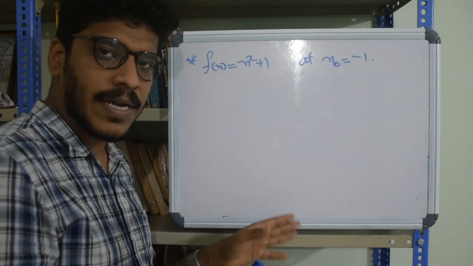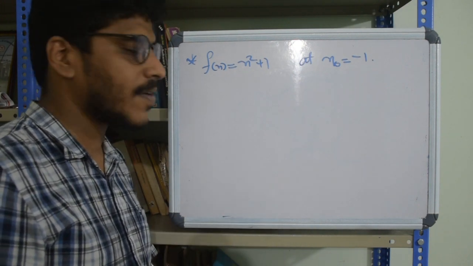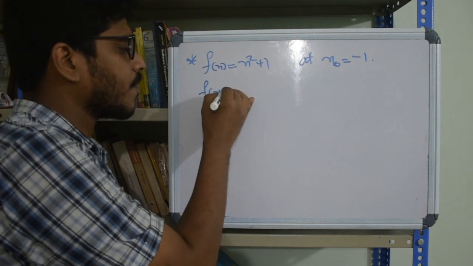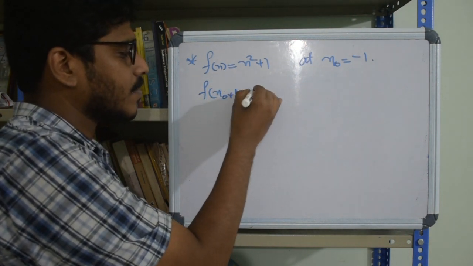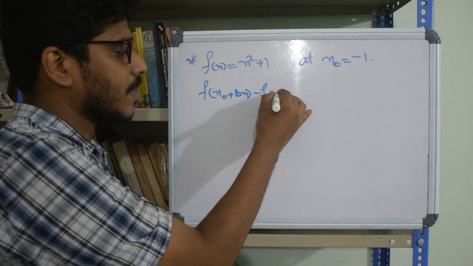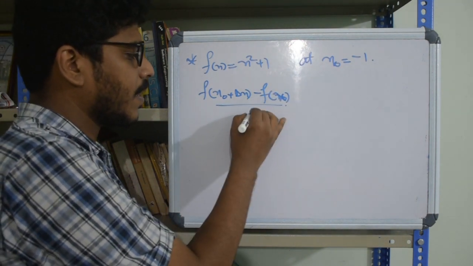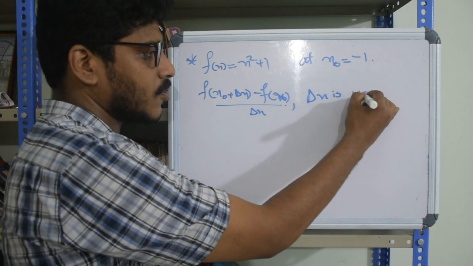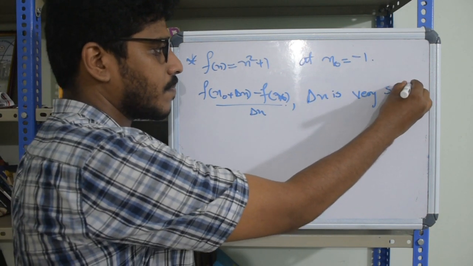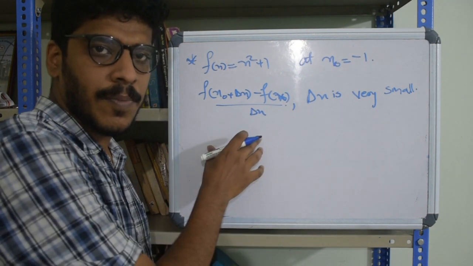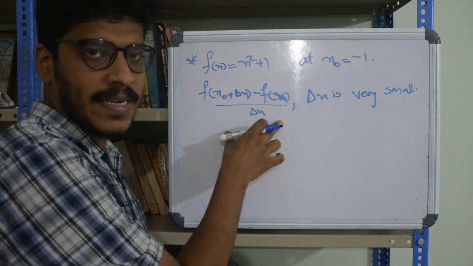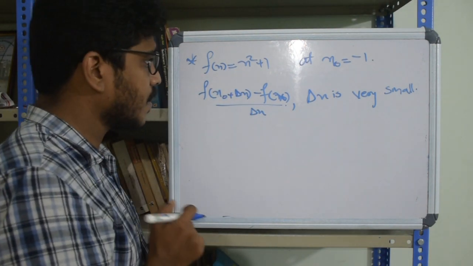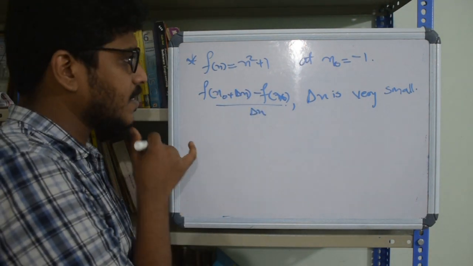So we are not going to draw the graph, the secant line or the tangent line, but we will just use the formula. So remember the formula is f of x0 plus delta x minus f of x0 divided by delta x, where delta x is assumed to be very small. Right. This was the proposed formula to find the slope of the tangent to the graph of the function f at x0. Right. So let's evaluate this.